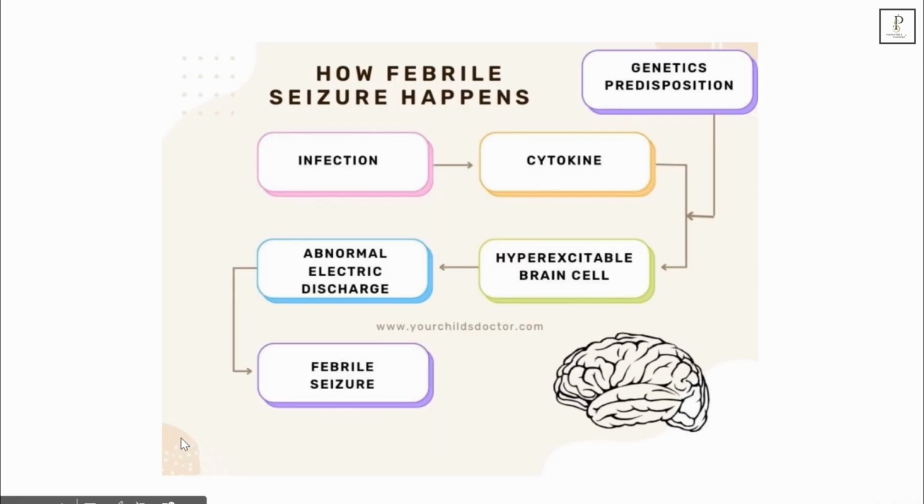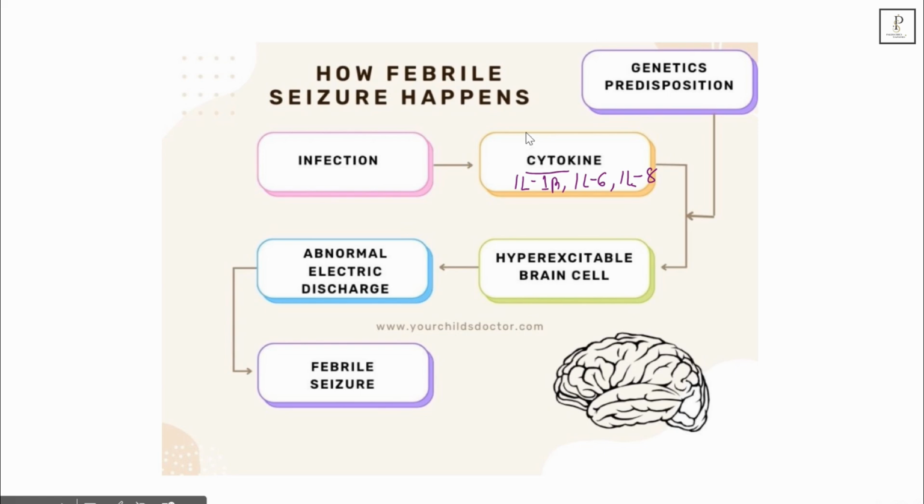Then how does febrile seizure happen, and why is it more common in children? Often people think that febrile seizure is because fever causes seizure. Actually, it is due to chemicals called cytokines. The most important cytokines are interleukin 1 beta, interleukin 6, and interleukin 8.